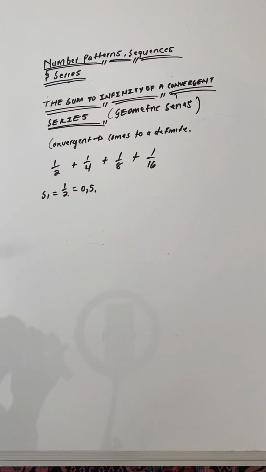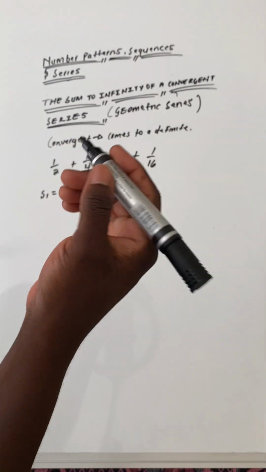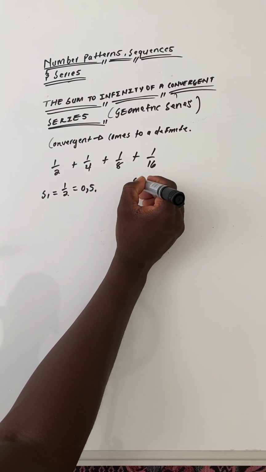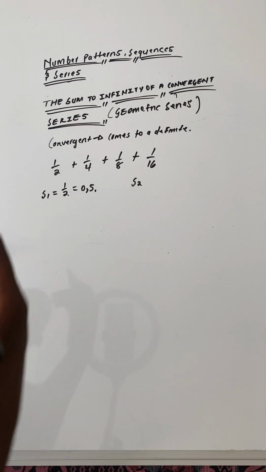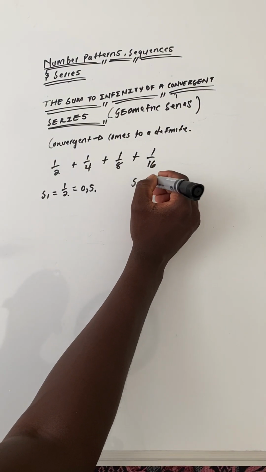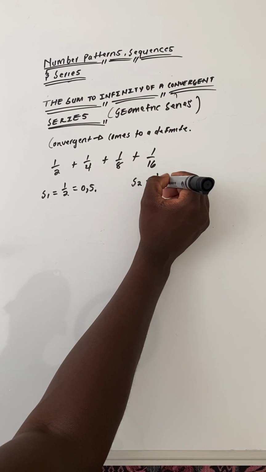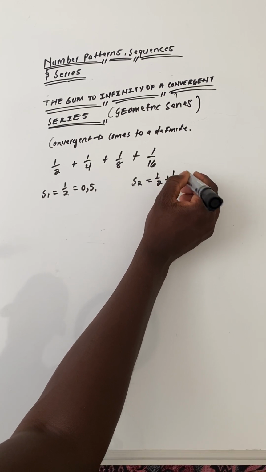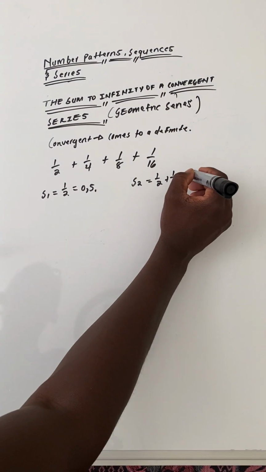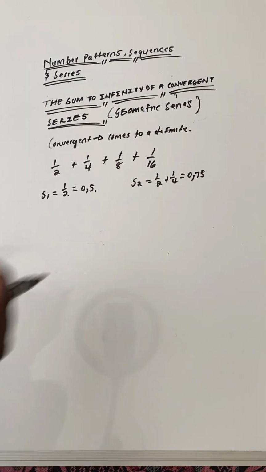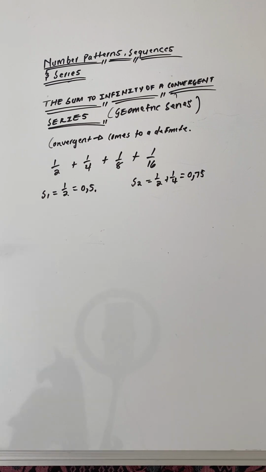Now let us say we want to calculate the sum of the first two terms. That would be 1 over 2 plus 1 over 4, and when you put that into your calculator, you get 0.75. So you can see that we are progressing.